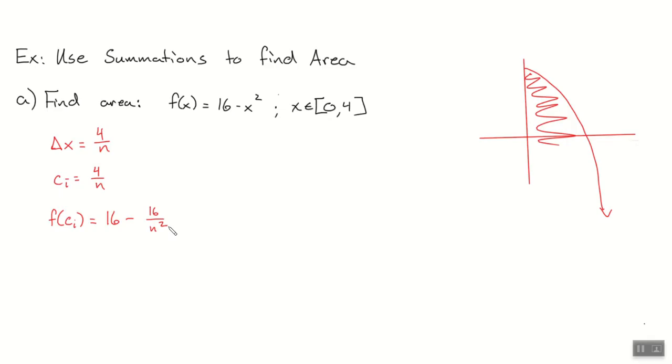Am I wrong? Are we better now? And then what goes here then? i squared. Cool. At this point, we are pretty solid with it.